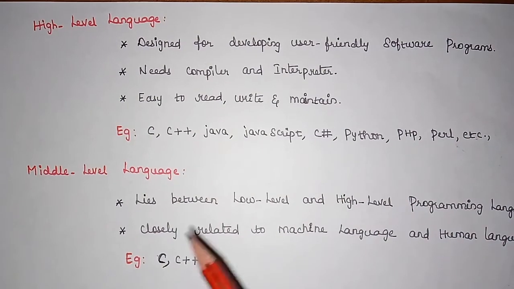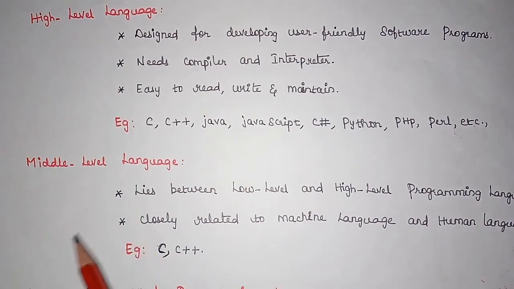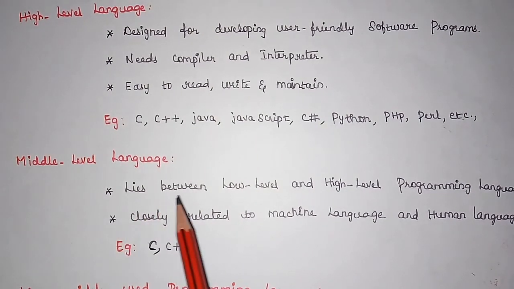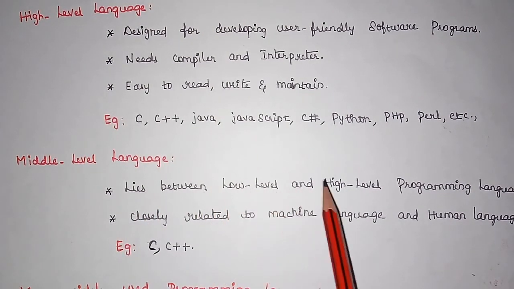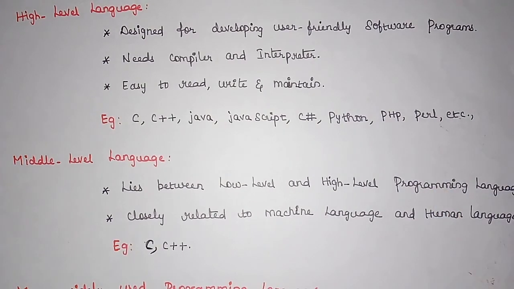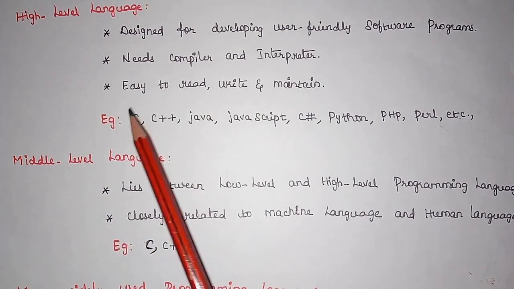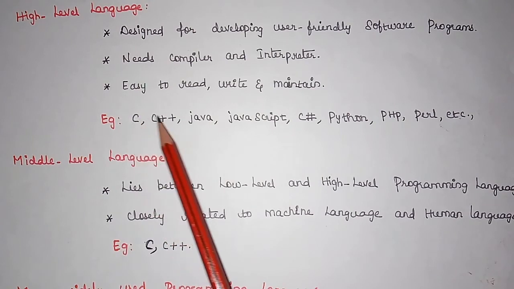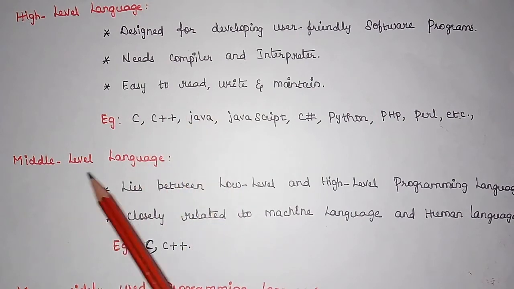Then the last type of language is middle level language. This middle level language lies between the low level and high level programming languages, and it is closely related to machine language and human language. The examples we can give for middle level language are C and C++. So C and C++ come under the middle level language category also.